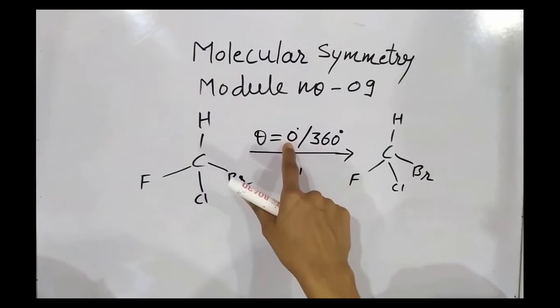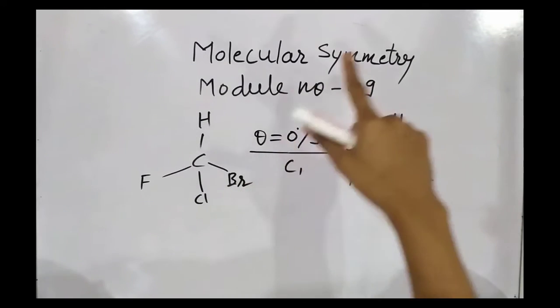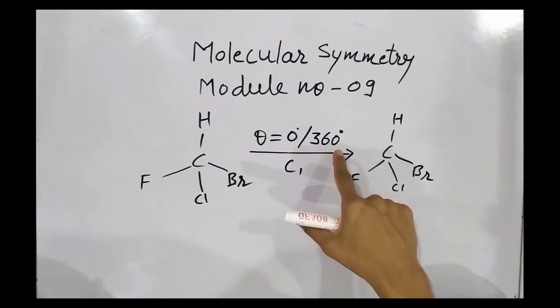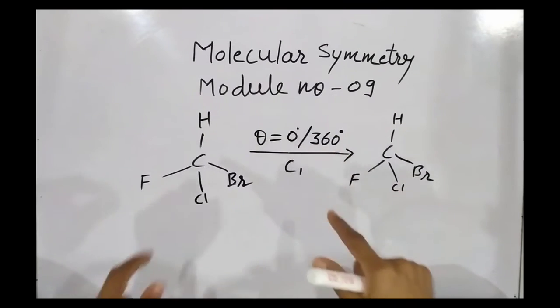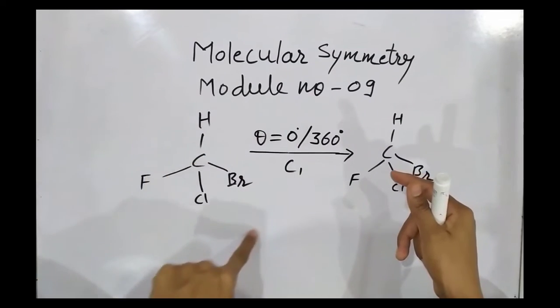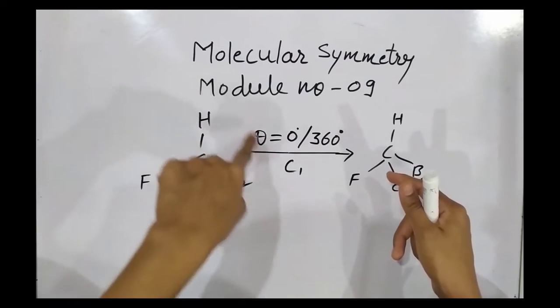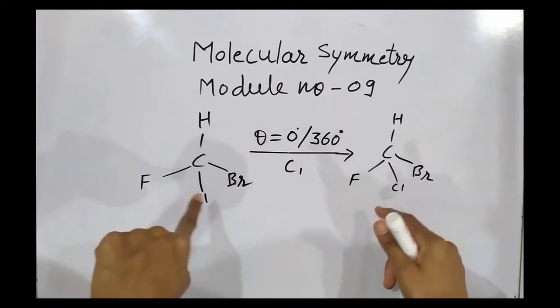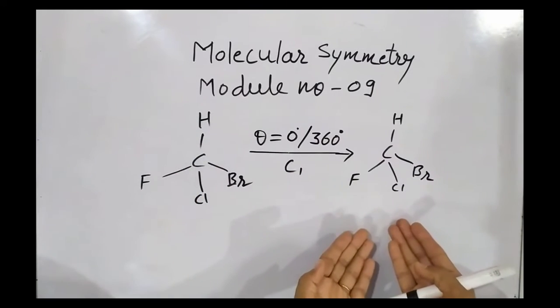Either you rotate it by 0 degrees or by 360 degrees. After completing the circle of 360 degrees, all the atoms will attain their original position, and then also you get the same image.